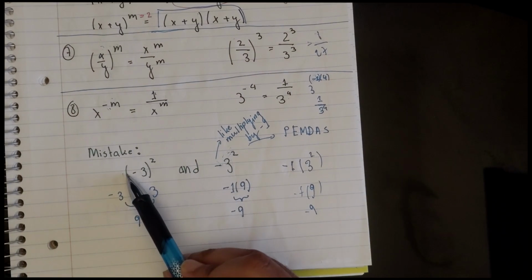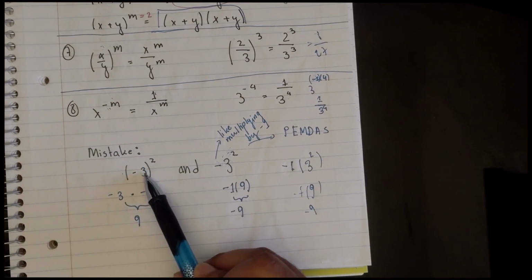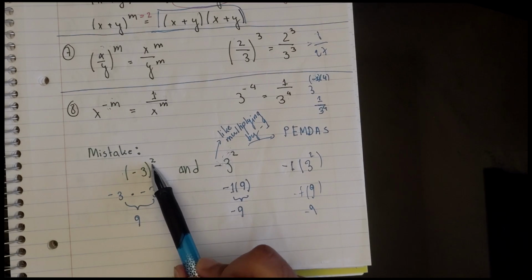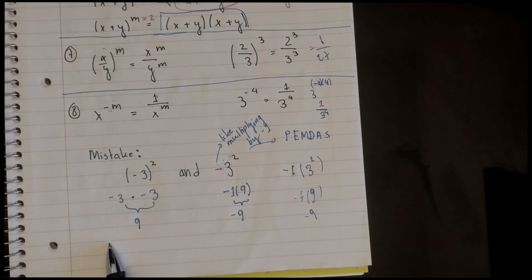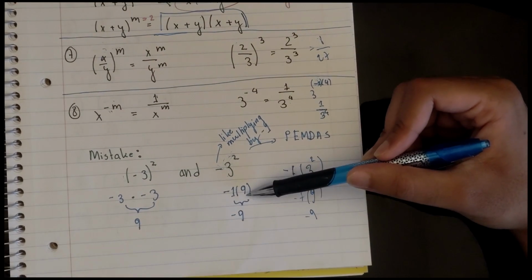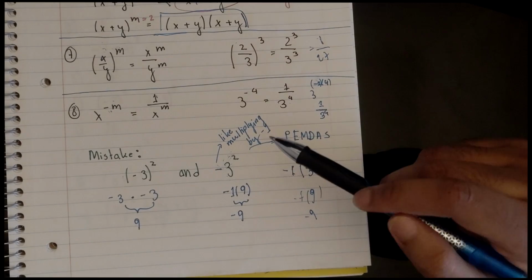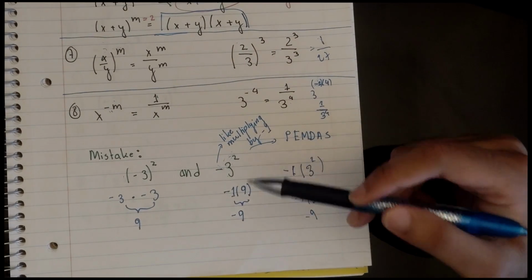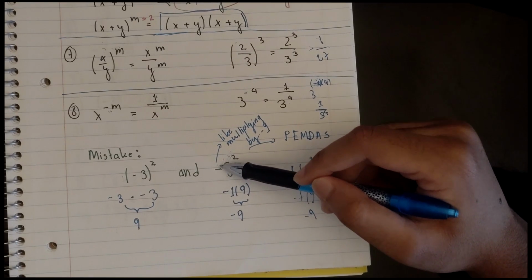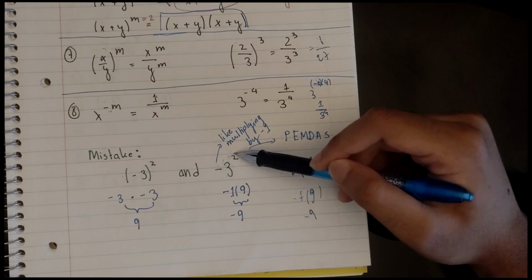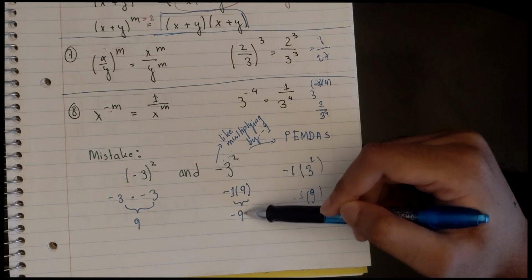In the one with parentheses, the negative is also raised to the power of 2, so it's negative 3 times negative 3, which is 9. Think of it with PEMDAS: you do the exponents first, then multiplication. The negative is multiplying by negative 1. So you do 3 squared first, which is 9, and multiply by negative 1, which gives you negative 9.